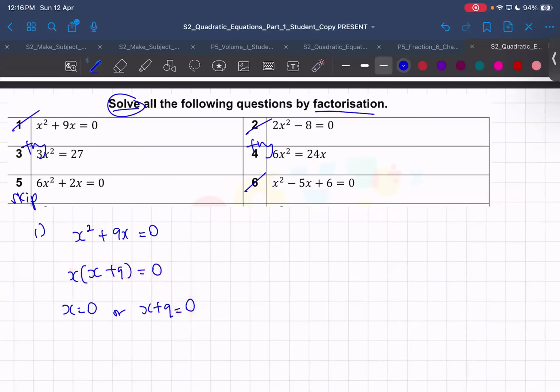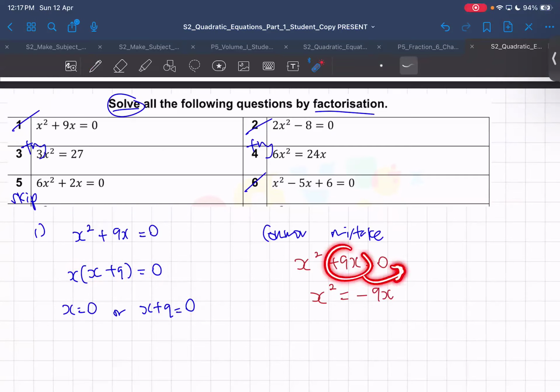But one thing I want to let you all know is a common mistake. Don't do this. Some of you will write x squared plus 9x equals to 0. Then next step you write x squared equals to minus 9x. You bring this side. Then suddenly it becomes x equals to minus 9. Correct or not?